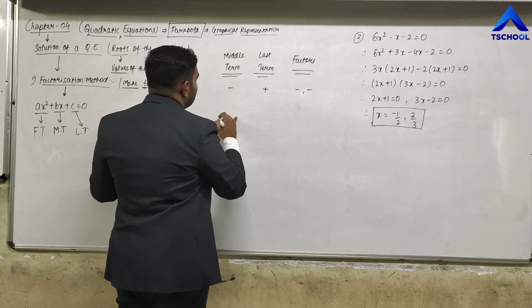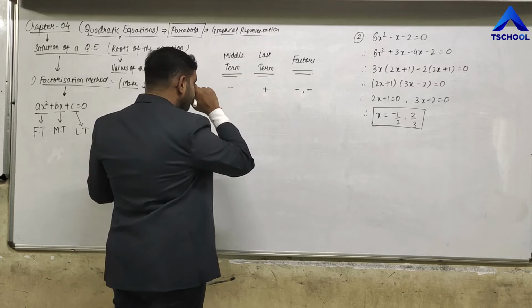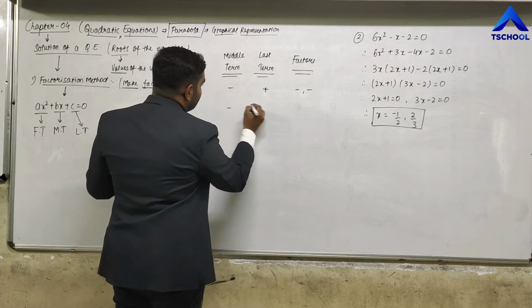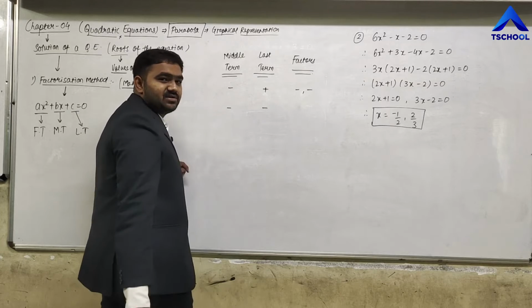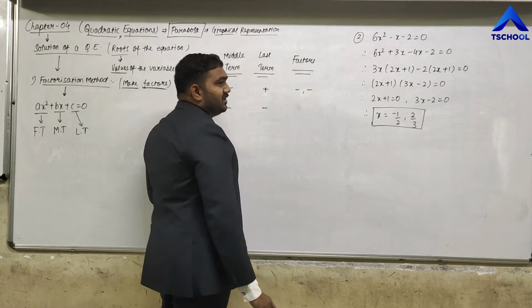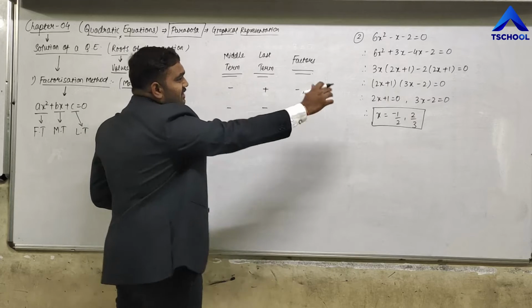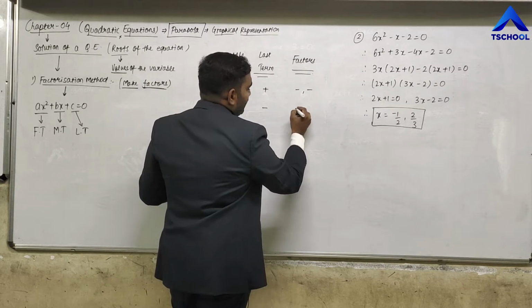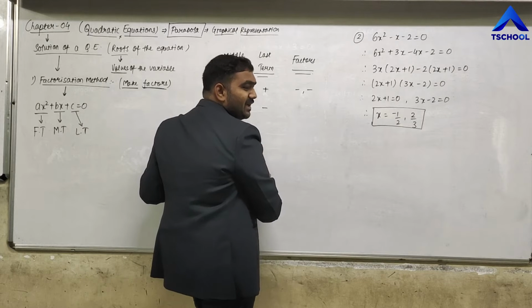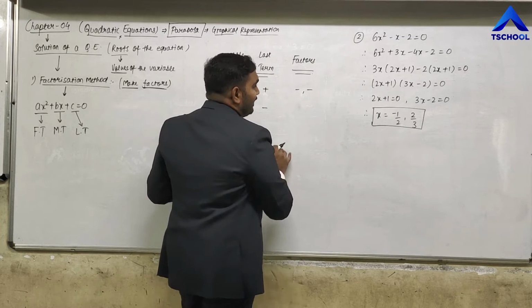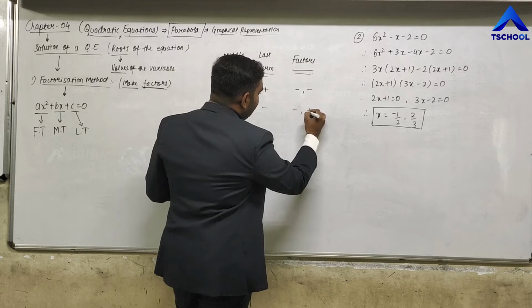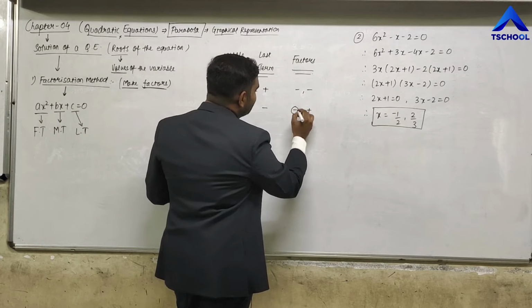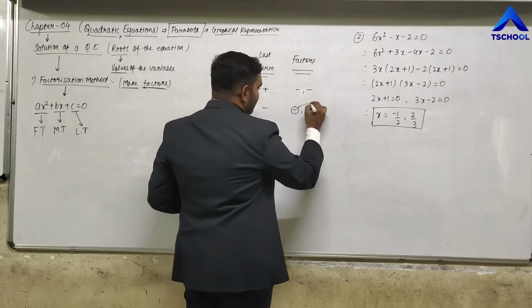The next thing is, if I have the middle term minus and the last term also minus, in this case I shall have the factors as minus and plus, but this minus sign will be of the bigger value.